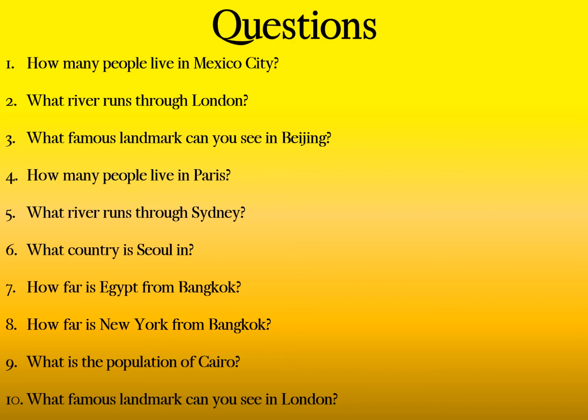Number 6, what country is Seoul in? Number 7, how far is Egypt from Bangkok? Number 8, how far is New York from Bangkok? Number 9, what is the population of Cairo? And number 10, what famous landmark can you see in London?